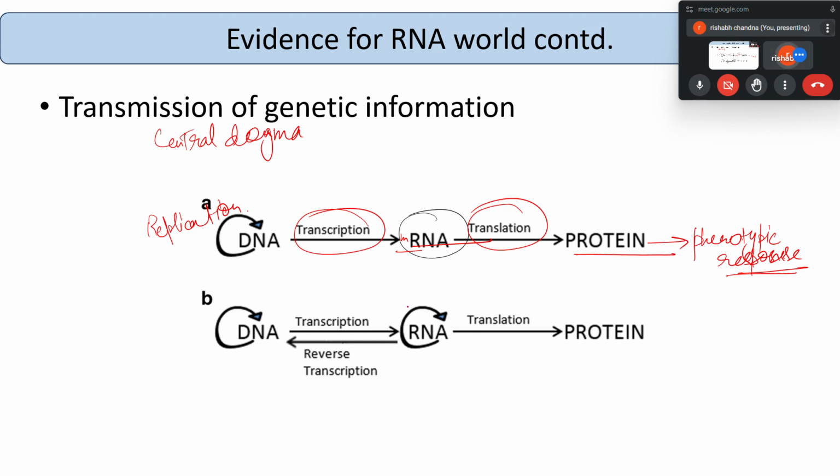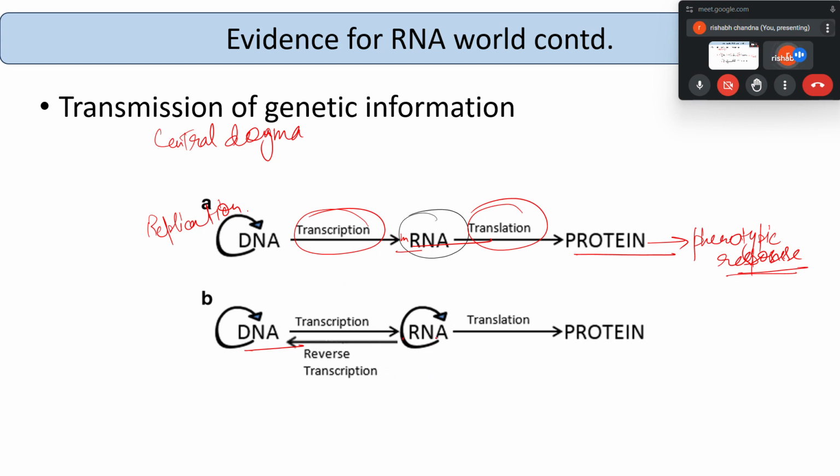Now, when RNA would be a genome, okay, how would it replicate? In the primitive era, there was no DNA, but in the modern era, there is something called reverse transcription. So what happens when RNA is the genome in some viruses like HIV? They apply the path of indirect replication. First they form the DNA, they replicate, and then again it forms the RNA, and then the viral particles are formed.